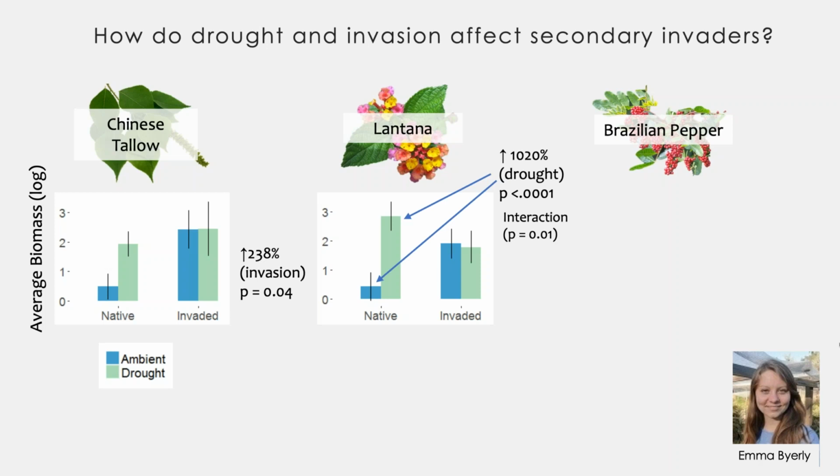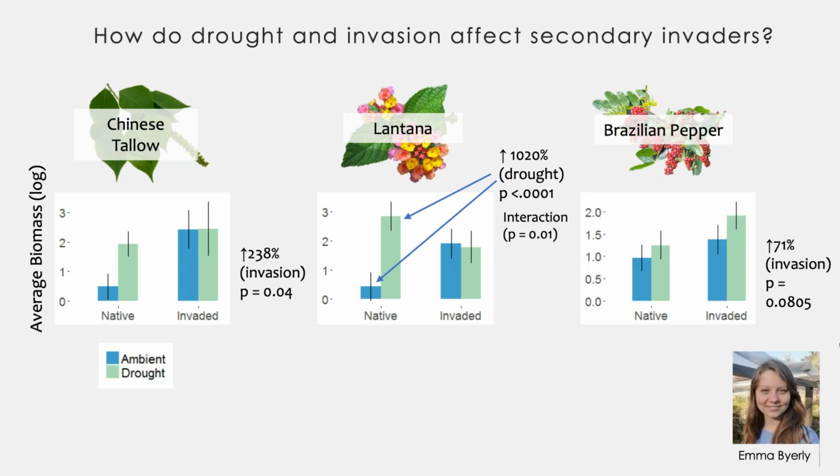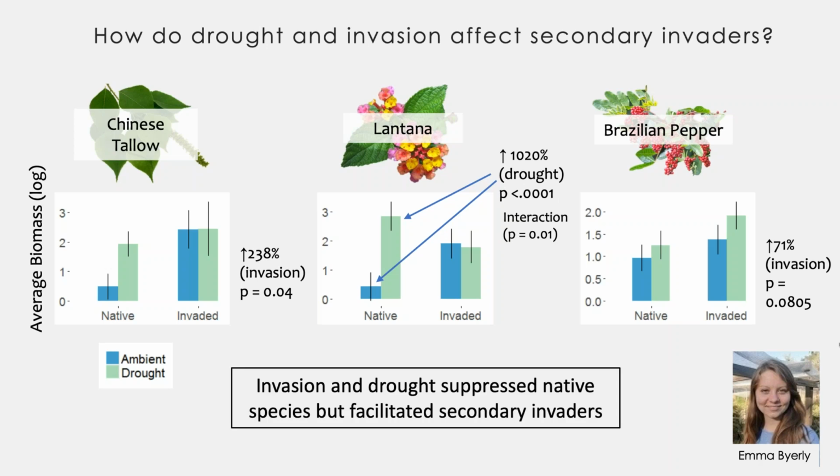And then there's also this positive effect of the invasion overall on lantana. For Brazilian pepper, we see a much more modest increase compared to the others, but a 70% increase in biomass of the secondary invader is quite important on its own. So the general take-home from this part here is that although we saw that invasion and drought both suppressed the native species, it facilitated these secondary invaders.